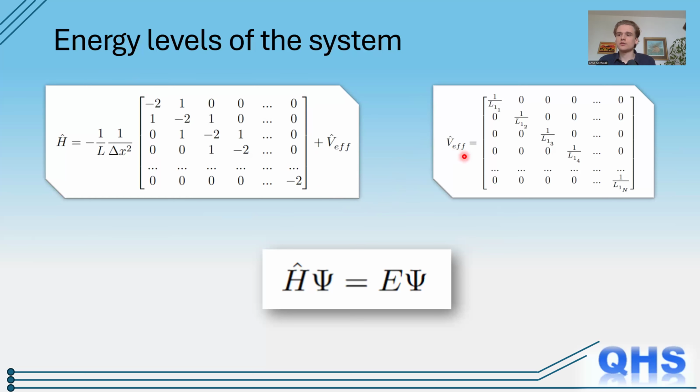So it is also represented as a square matrix of the same size, but in this matrix, on the main diagonal, we have 1 divided by the value of L1 at each node. The general form of the Schrödinger equation is, of course, this, as follows.